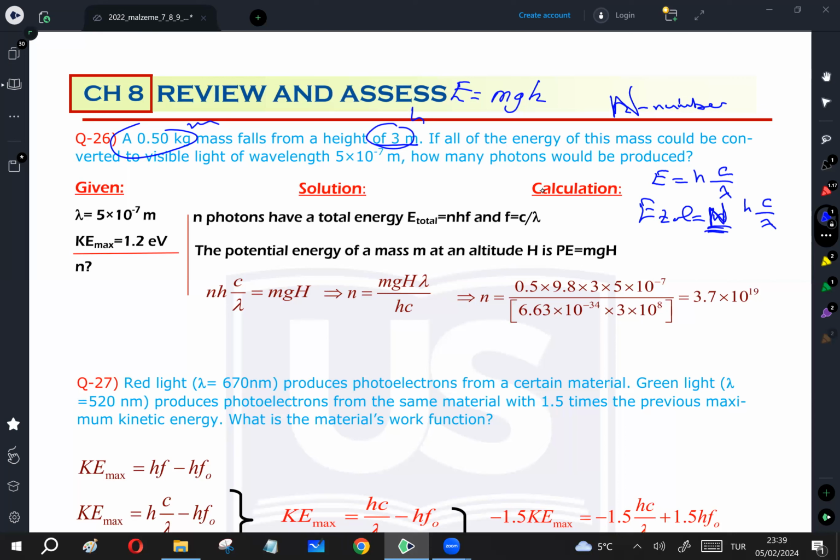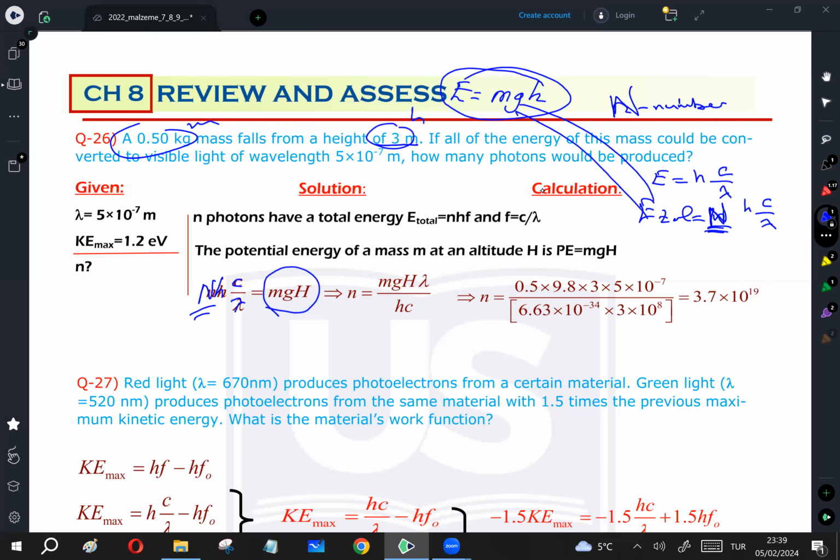So then I'm going to insert all this energy, potential energy, which was converted to kinetic energy and also converted to light. These two energies must be equal to each other. So mgh, which is converted to light energy, must be equal to the number of photons multiplied by the energy of a single photon, hc over lambda.